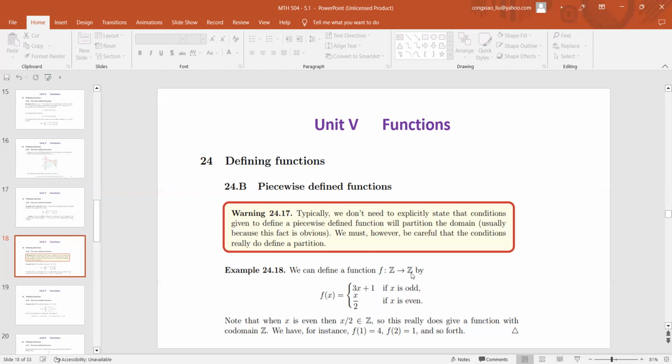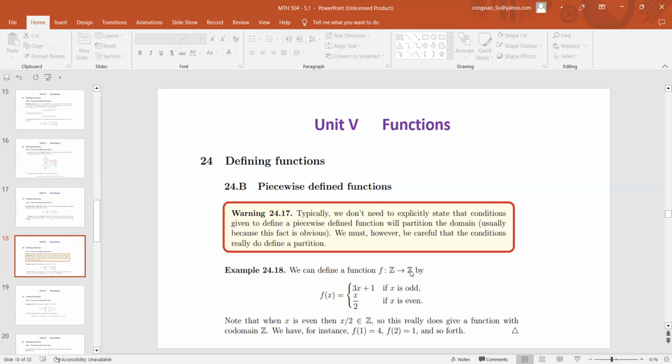Secondly, you want to make sure the function values are in the codomain Z. The codomain is also Z, and we see that's also the case. 3x plus 1 when x is an integer, of course, is an integer, so it's in Z. And when x is even, x over 2 is also an integer, so that's also in Z. So in both cases, the numbers lie in the codomain.